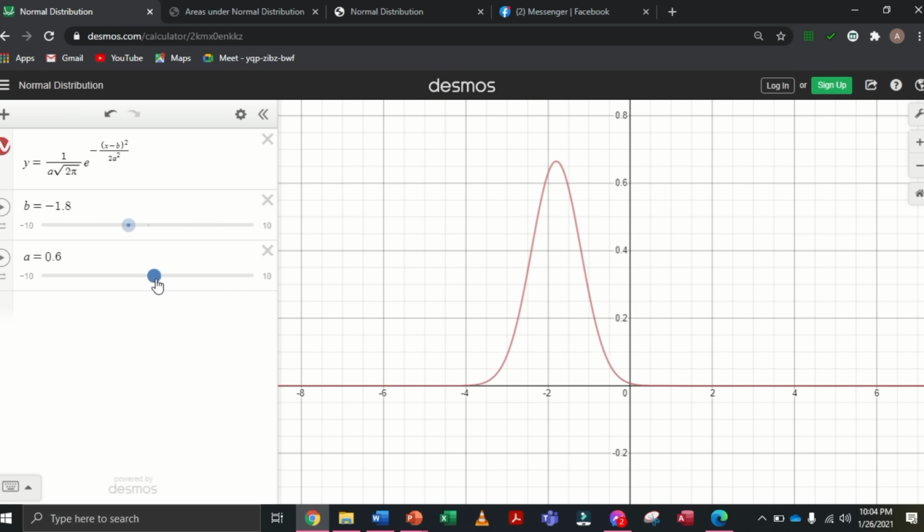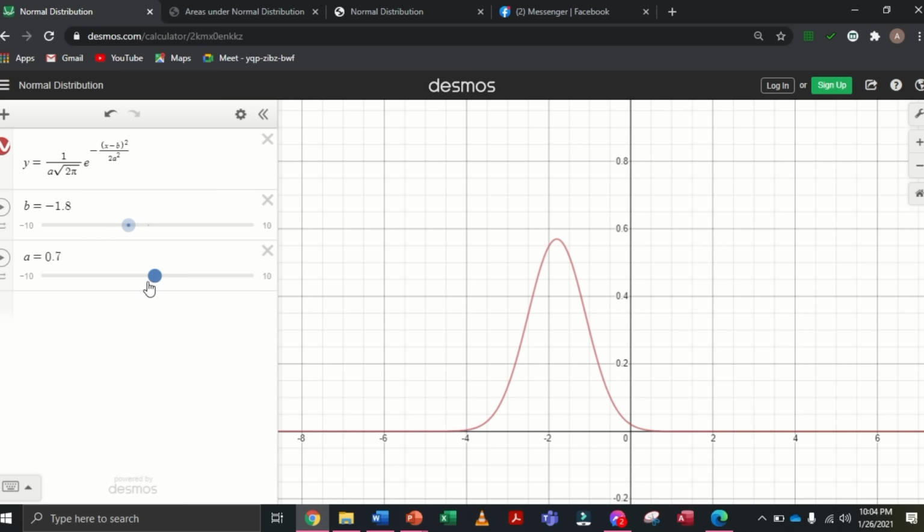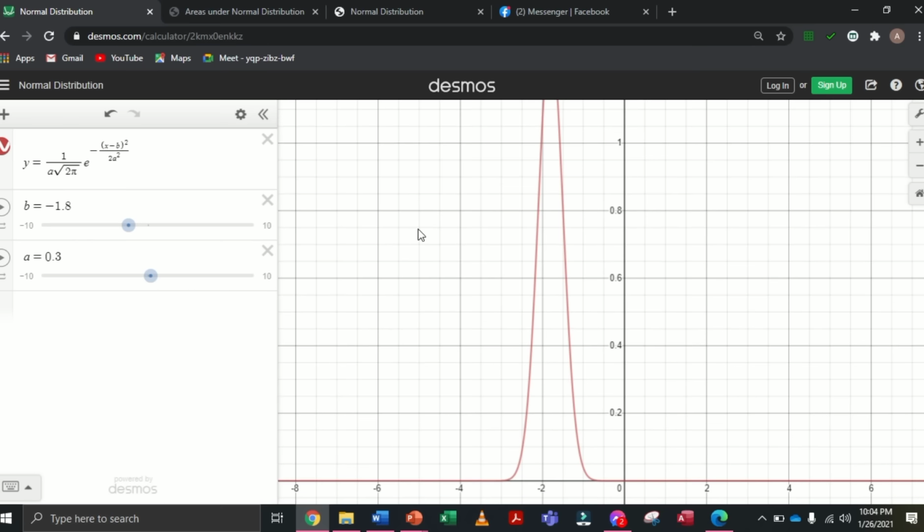And then kapag maliit yung value ng standard deviation natin, makikita nyo na paganyan na yung graph niya. Okay? Sige. Yan yung dalawang factor na nakaka-apekto sa normal curve natin: yung value ng mean saka value ng standard deviation natin.